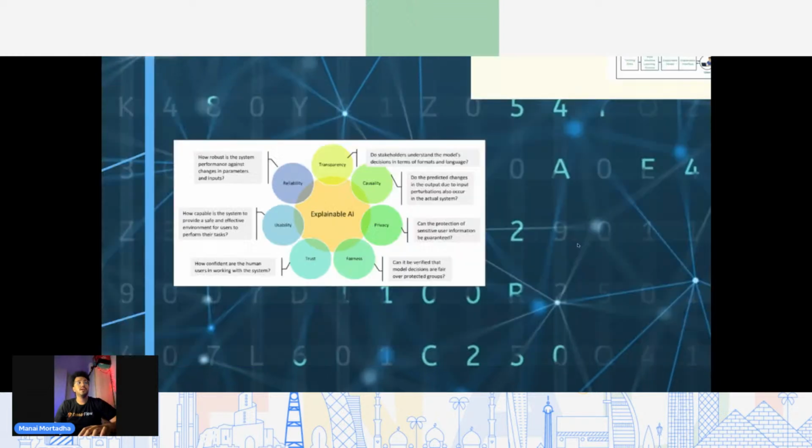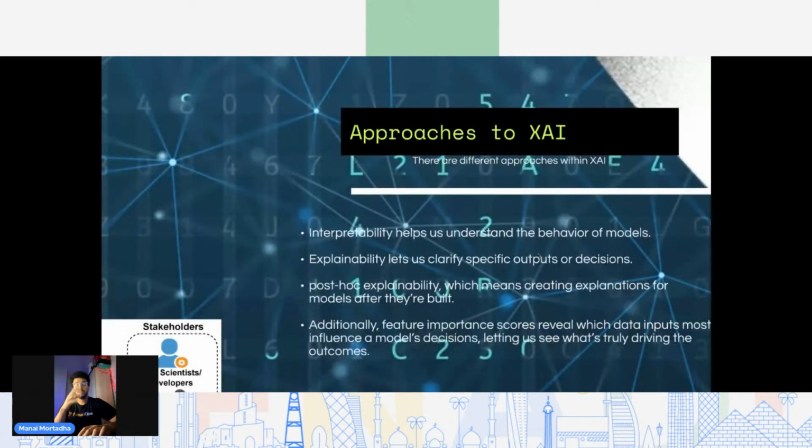So now, approaches to XAI. There are different approaches within explainable artificial intelligence, but I'm going to talk about four. Interpretability helps us understand the behavior of the models. Explainability lets us clarify specific outputs or decisions.